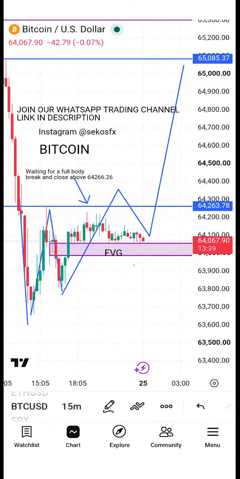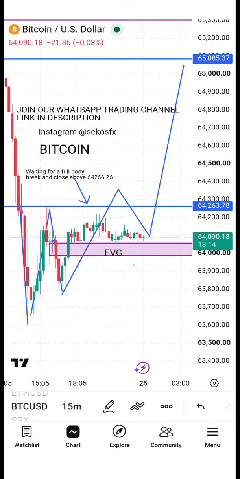If you bought around the fair value gap, it's an aggressive entry, because you are actually predicting where the market will go.